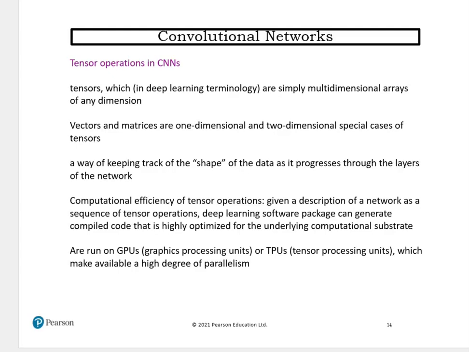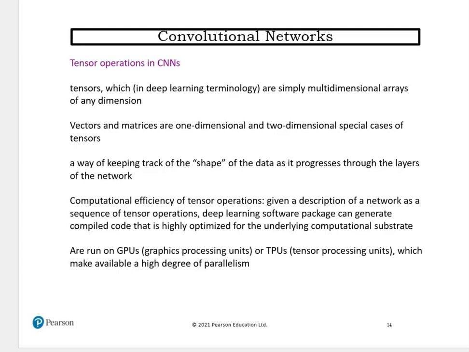One more reason for describing convolutional networks in terms of tensor operations is computational efficiency. So given a description of a network as a sequence of tensor operations, a deep learning software package can generate compiled code that is highly optimized for the underlying computational device.